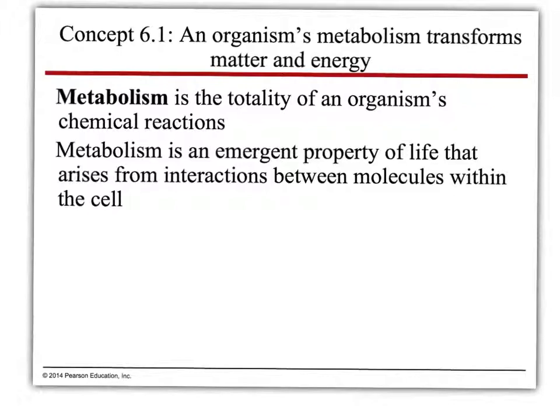Proteins will be broken down into what? Into amino acids. That is a catabolic reaction. We're going to take a complex molecule and break it down into smaller parts, amino acid 1, 2, whatever.